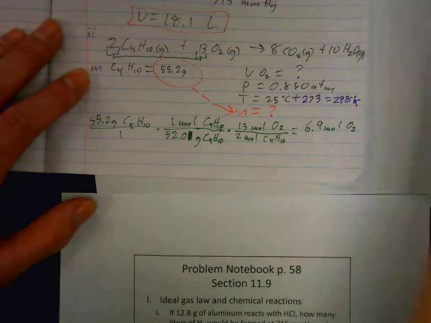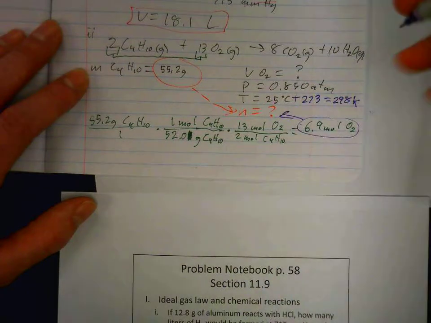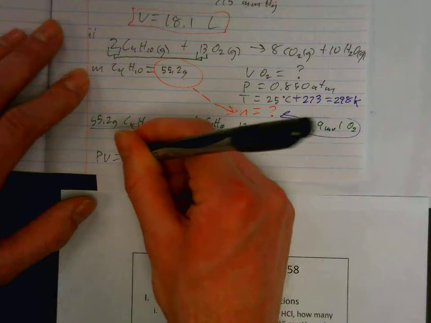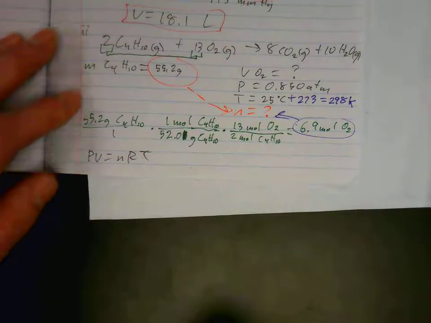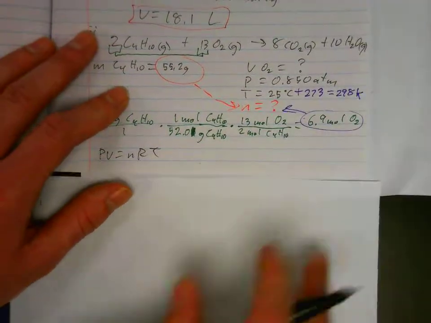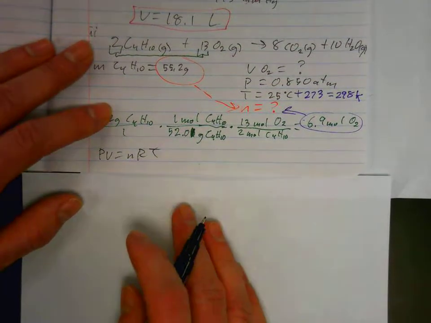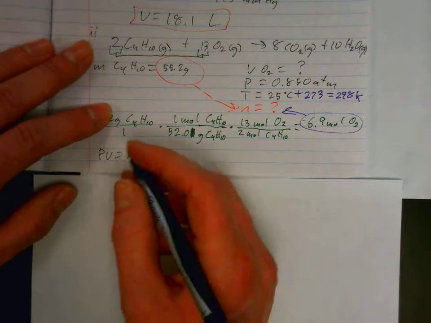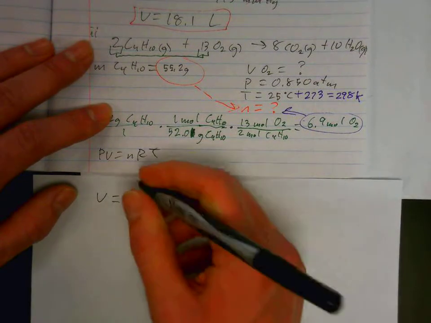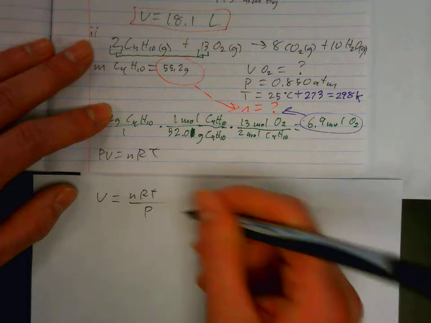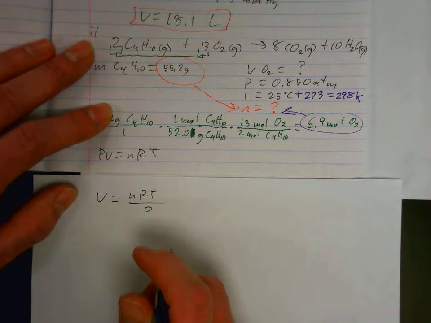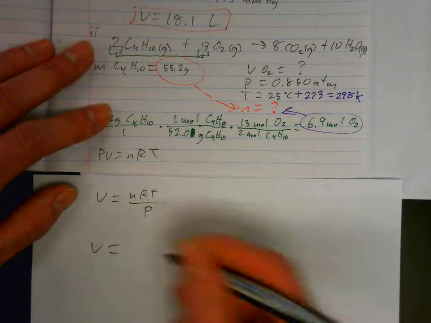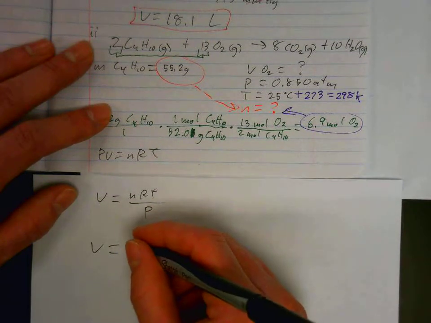we can use the ideal gas law, PV equals nRT, and we can solve for our unknown. So we're solving for the volume again. V is nRT over P. We can substitute or plug in the numbers. The volume is the number of moles, 6.9 moles, times the ideal gas constant.